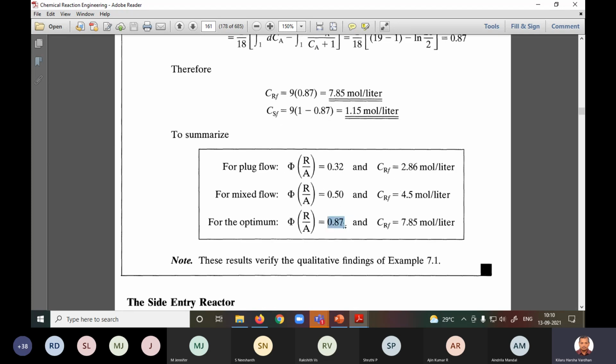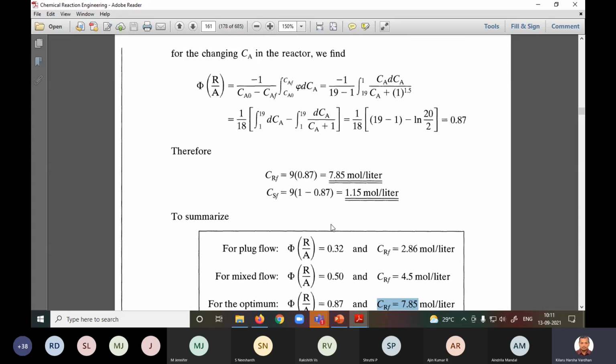You can do the other way around also if you want, but he is not doing that here. That is why he is telling that it is optimum. So CRF is 2.86 for plug flow. If I use a mixed reactor, it is 4.5. But if I use a plug flow reactor with intermediate B, then I get CRF is 7.85 mole per liter.